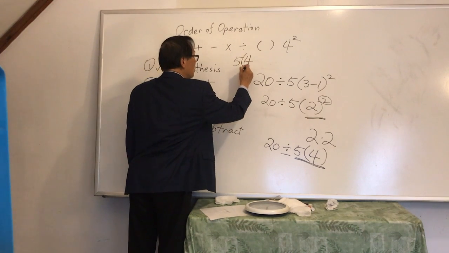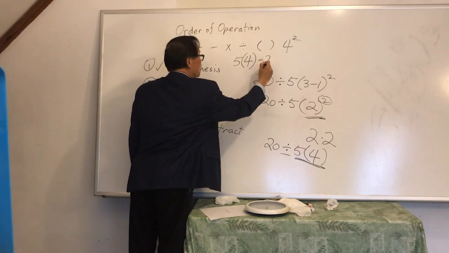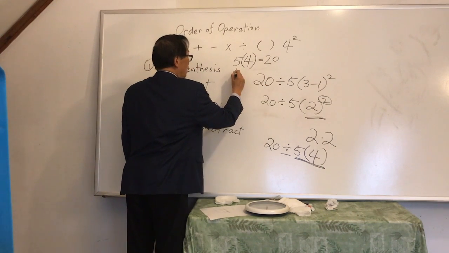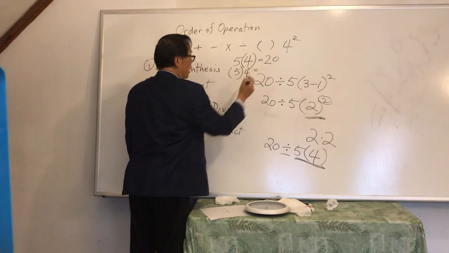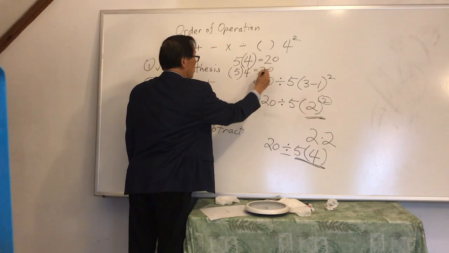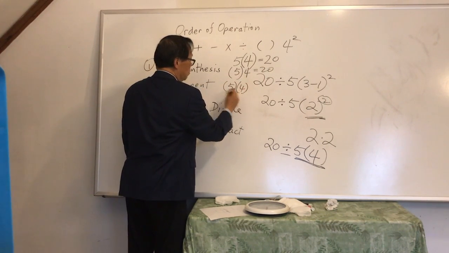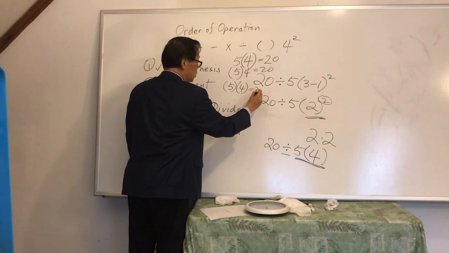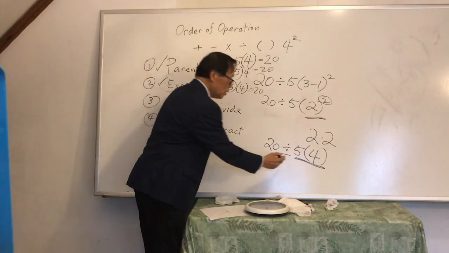However, if you have a parentheses, this means 5 times 4, which is 20. Likewise, if you have a parenthesis around 5 and a 4 next to it, that's also 20. And even if you have parentheses next to both of them, that's a 20. That is multiplication. So therefore, this is multiplication.